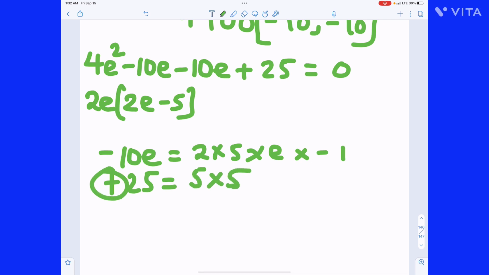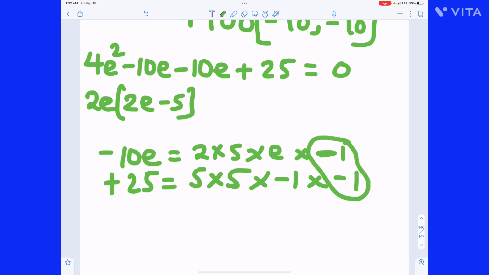I have plus here and minus up there, so to get common factors I'll split the plus into minus 1 times minus 1, so I can get minus 1 as my factor and 5 in both places.